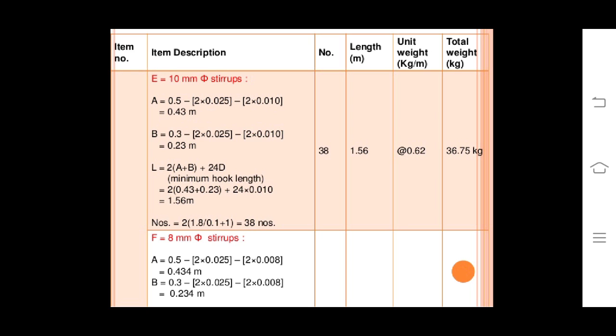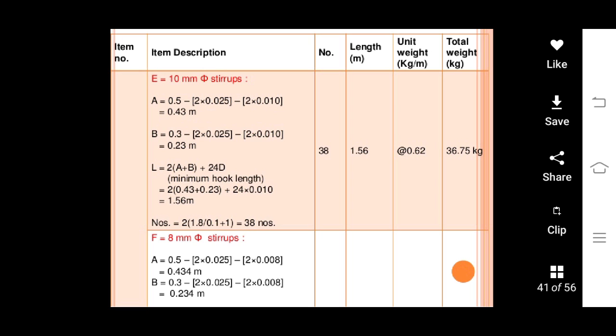For that, we have to find out the cutting length for a single stirrup. The cutting length can be calculated as follows: A is the width of the stirrup, B is the breadth of the stirrup. Then A is equal to 0.5 minus 2 times cover minus 2 times bar diameter, which is equal to 0.43 meters, and B is calculated by 0.3 minus 2 times cover from both sides minus 2 times bar diameter, that is equal to 0.23 meters.